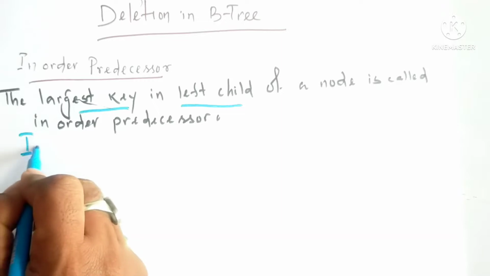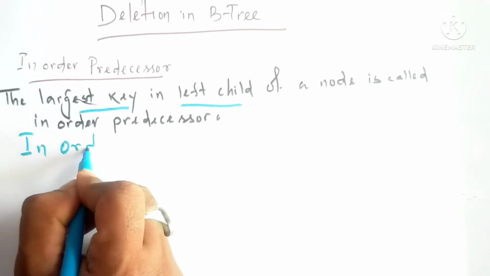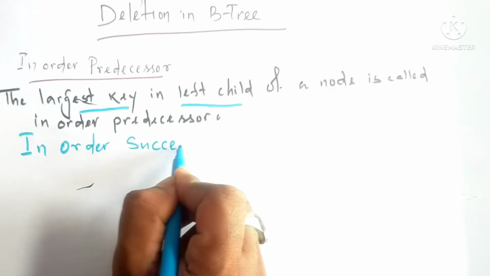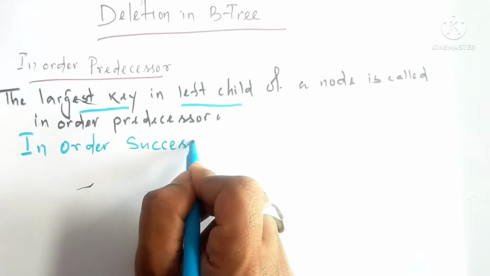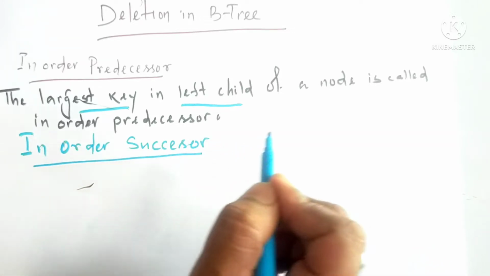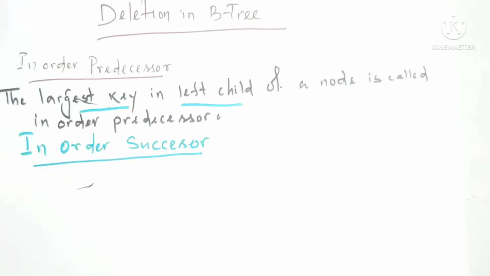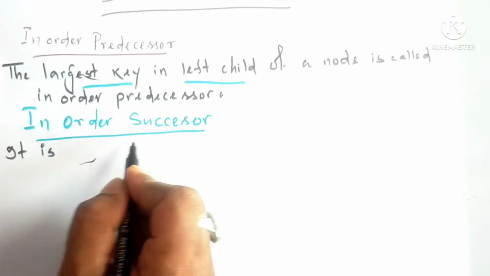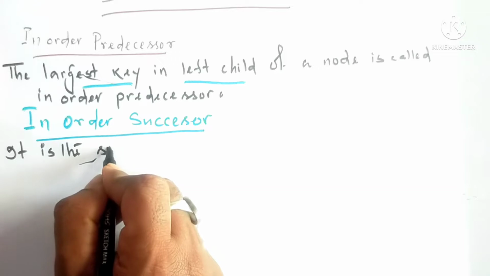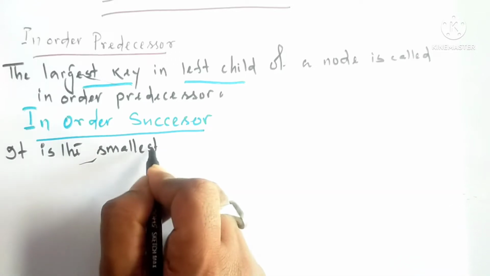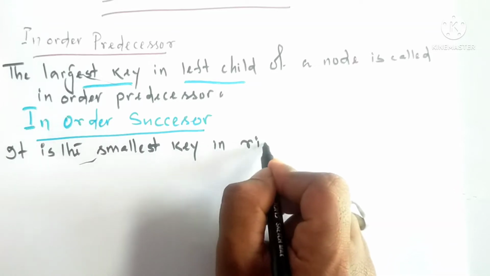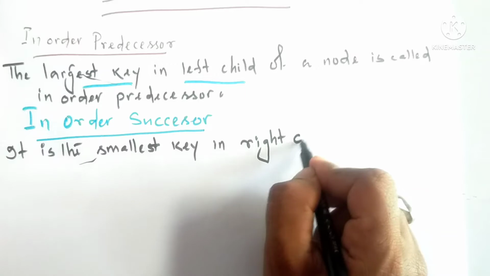in-order successor. It is the smallest key in the right side of a node.